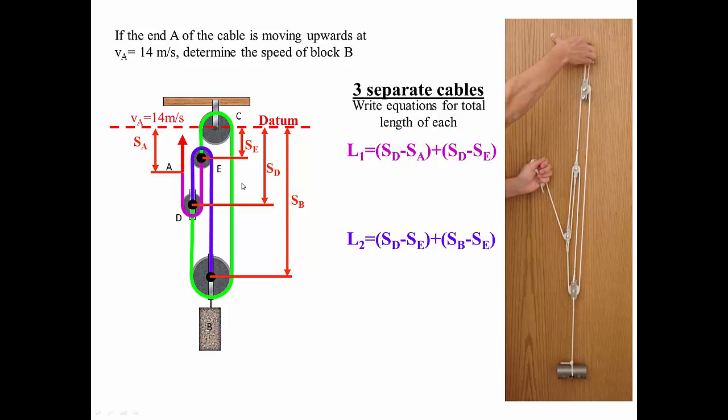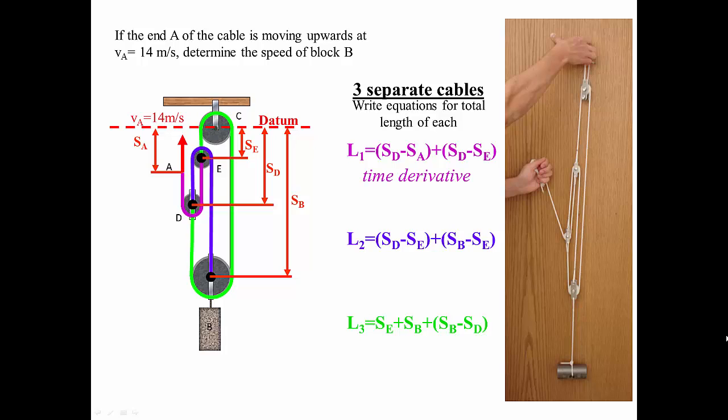Again, for this length, we need SD minus SE to get this length, plus SB, this total length, minus SE to get this length of the cable. For our third cable, we have SE, which gives us this length, plus SB, which gives us this length, plus SB minus SD, which gives us this length.